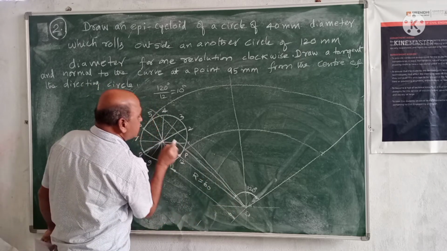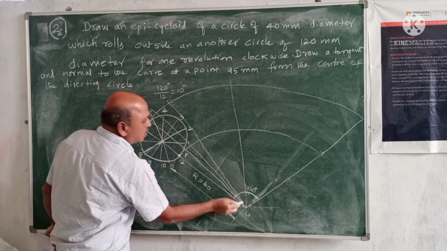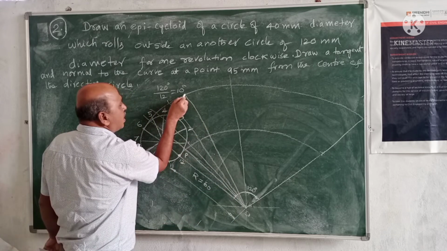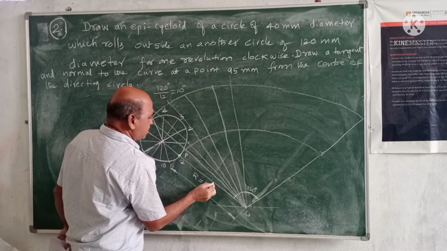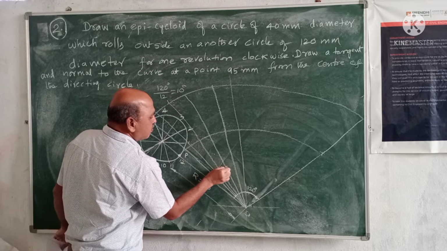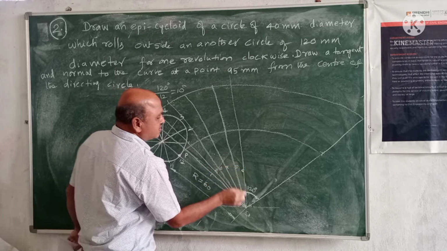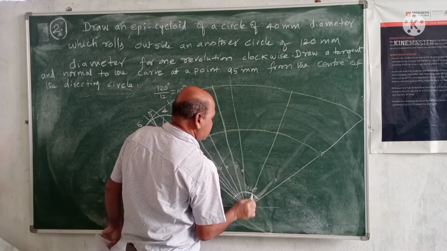Second division. Third division. Fourth division. Fifth division. Sixth division. Likewise, I can mark here to help you understand: 1, 2, 3, 4, 5, 6. Then make it like this. Seventh division.